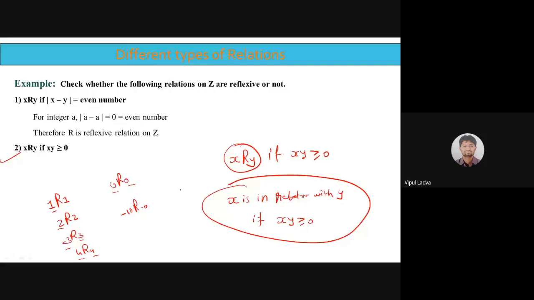How many of you are saying it's reflexive? It's going to act as a reflexive. How many of you are saying? कोई है जो बोल रहा है कि ये रिफ्लेक्सिव नहीं होगा?